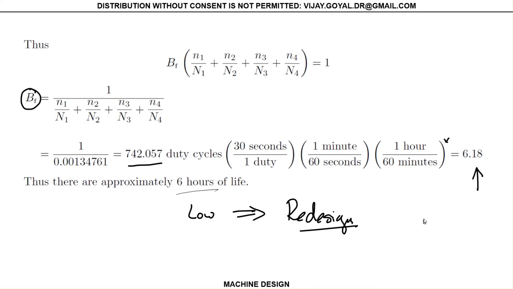You don't want it to be too long, but you don't want it to be less than 1 year. So this should be less or equal than 1. So your BF for this example is 6.18 hours. Less than that, that's why it's approximately 6 hours.